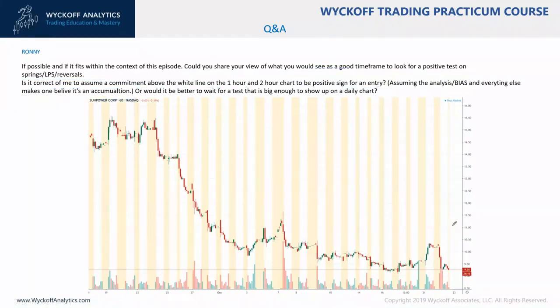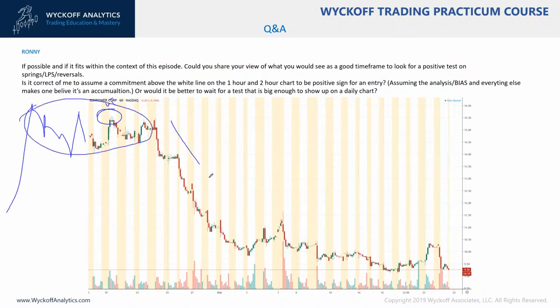So you can actually do both. On the intraday, and this was the top of this latest attempt to upthrust in this smaller distributional pattern right here. And look how much momentum we have to the downside. So don't go into the first rally after such an increase in the momentum. Don't do that.